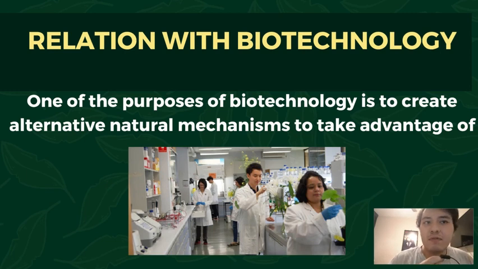With this information, we can propose alternatives to produce certain products that can benefit humans. So now we understand that artificial photosynthesis is basically biotechnology. We understand how natural photosynthesis works, then we improve it, and then we use it for human benefit.